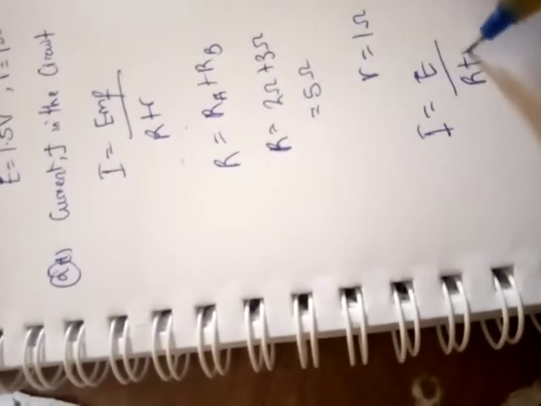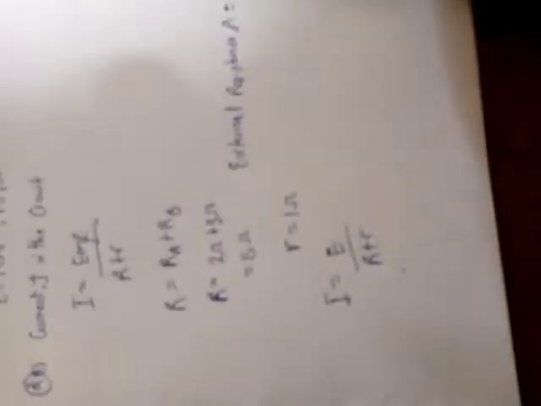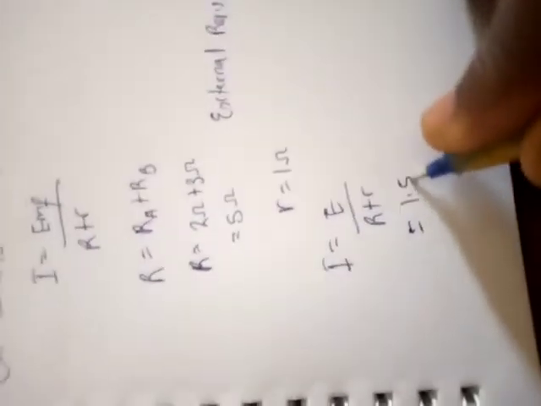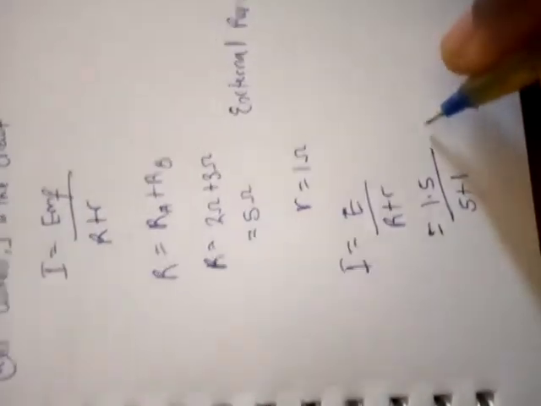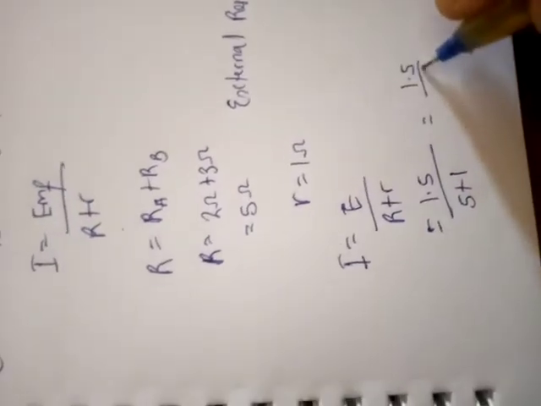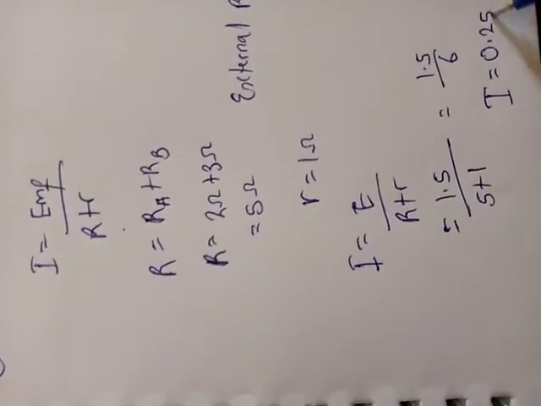And now I is equal to E over big R plus small r, which is 1.5 over 5 plus 1, which is 1.5 over 6. So the current I is 0.25 ampere.